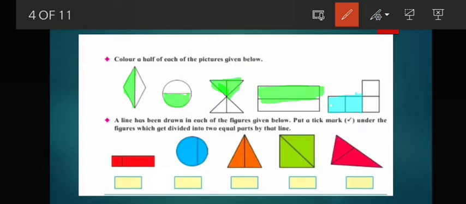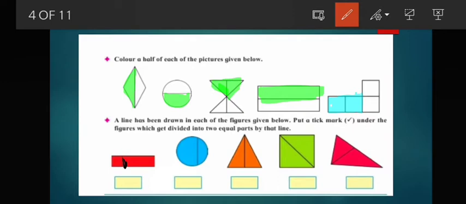Now, a line has been drawn in each of the figures given below. Put a tick mark under the figures which get divided into 2 equal parts by that line. Now, children, see, there is this rectangle box. They have just put a line here, right?